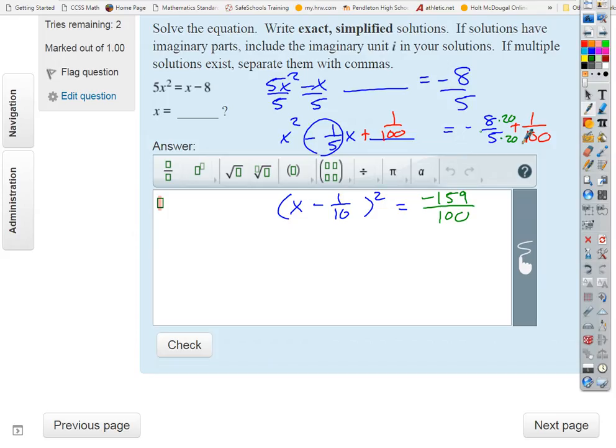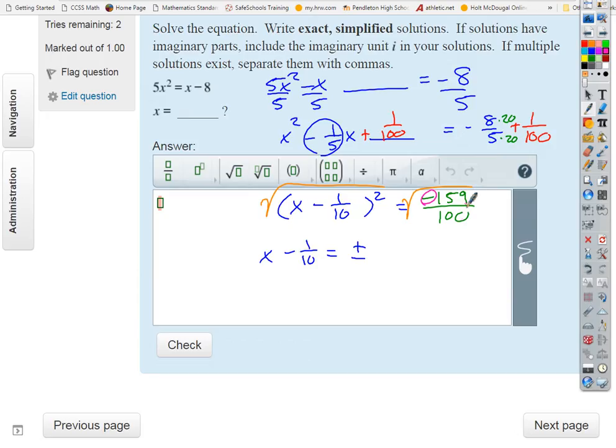And so then all I've got to do is isolate x. So to isolate x, I'm going to square root both sides, which is going to give me what? That's going to give me x minus 1/10 equals plus or minus the square root of -159 1/100ths. So I can do a couple things with that.